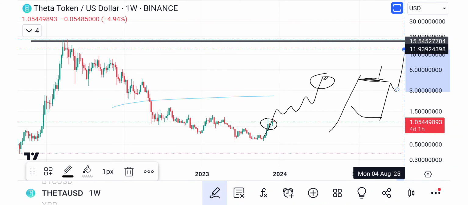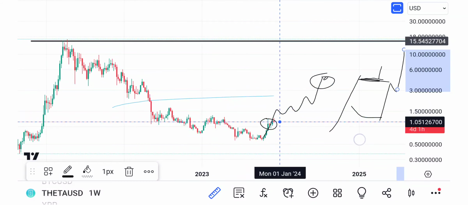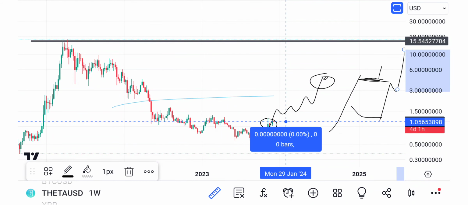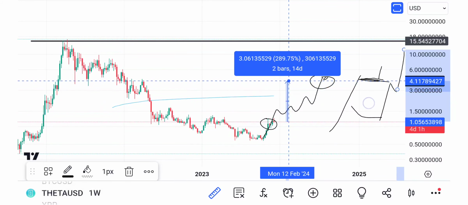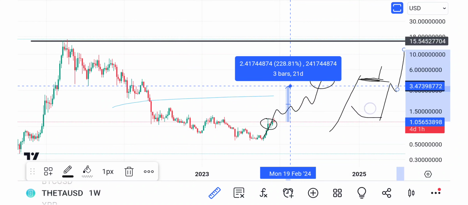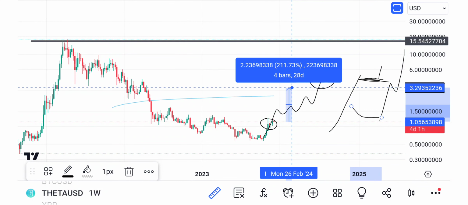For example, look at Theta. Theta's way down here. If I take a measurement just to get back to where Bitcoin is, that's another 200-300% away. So if you dump your altcoin to go chase Bitcoin, you're missing out on a lot of potential ROI that's upcoming into the future, right?